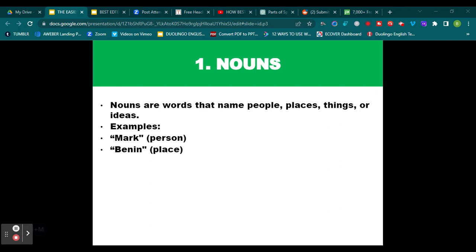Benin, an example of a place. Car is an example of a thing, and love is an example of an idea. All right. The name you give to a person, a place, a thing, or an idea is a noun.